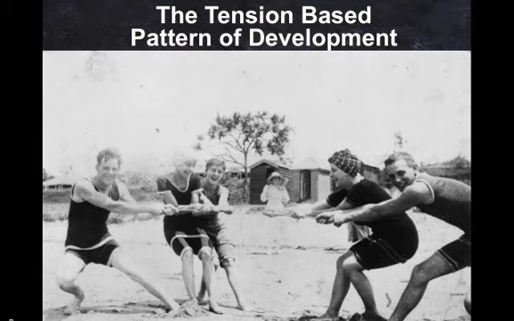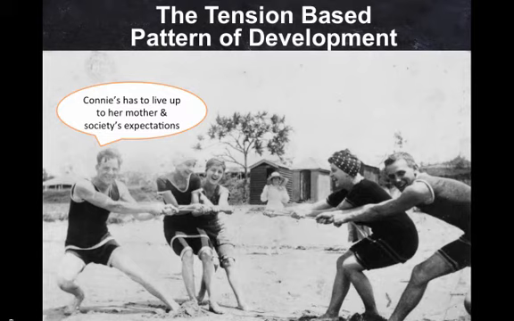In the second type of essay, the tension-based pattern of development essay, you're really thinking of this as a tug of war, that there's different forces on a character. And if we're looking at Connie, we're thinking of the different forces that are causing her to change and what that results in. She has to live up to her mother and society's expectations.